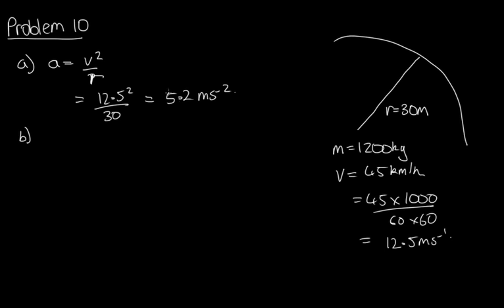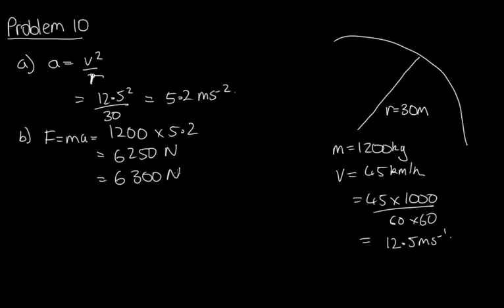Well, the net force is what is causing this acceleration. So we have F is equal to ma, so that's 1,200 times the 5.2, and solving that on the calculator, we end up with 6,250 newtons. We can either round this up or round it down. Let's round it up to 6,300 newtons.